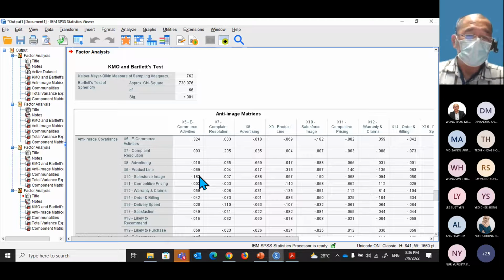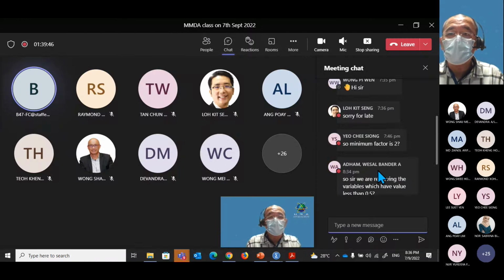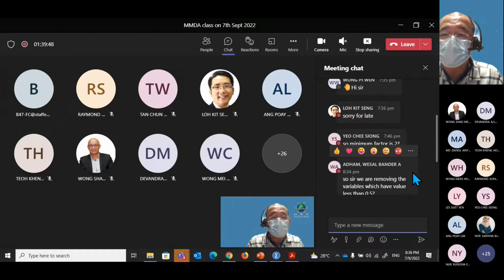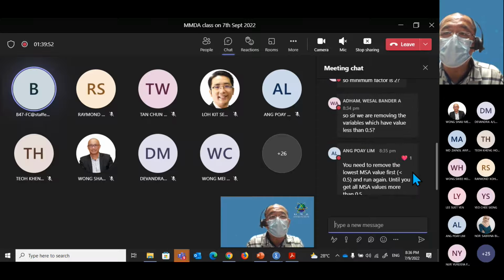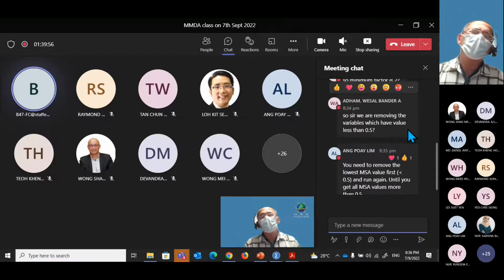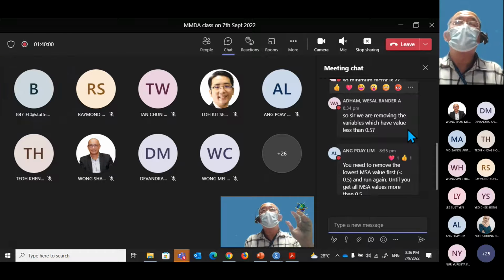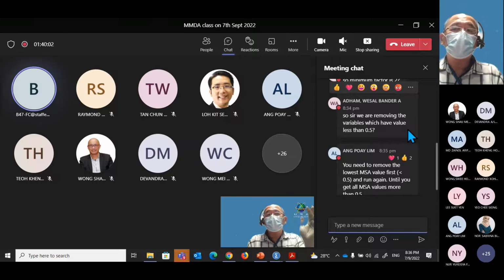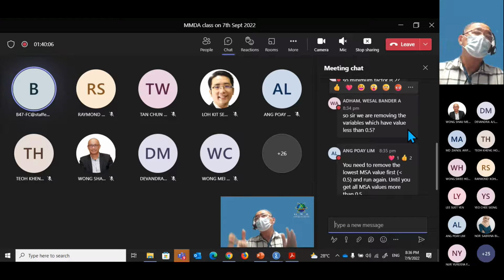Okay, so now we see this. Yes, correct. We are removing the variable with the MSA smaller than 0.5, but this is the absolute value.